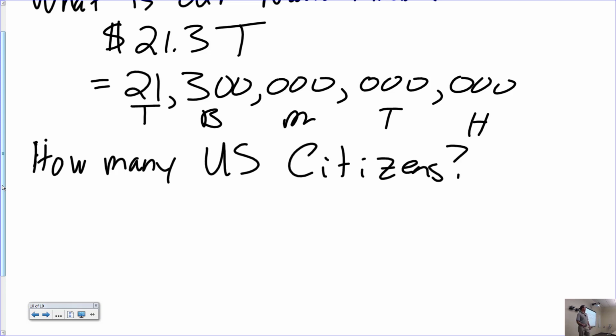Now, how many U.S. citizens are there? Again, let's approximate. So Google U.S. citizens. In 2016, there were 322 million.